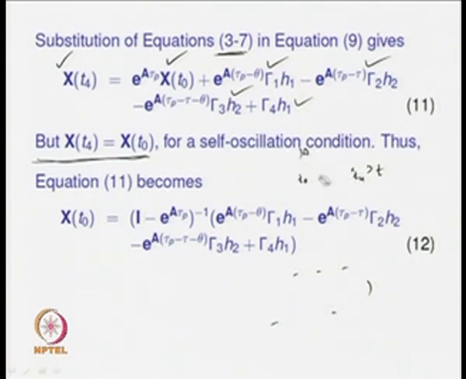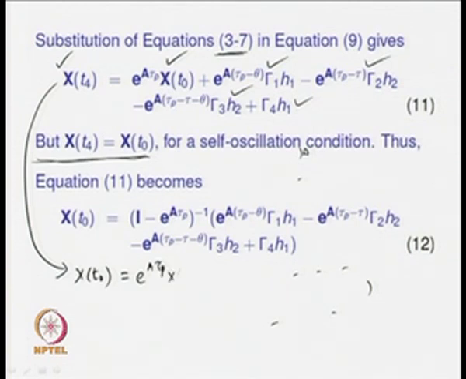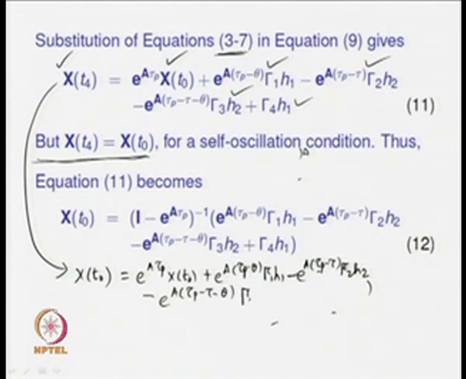When that condition is substituted, equation 11 that we have obtained earlier can be written with x(t0) being nothing but x(t4), or x(t4) is equal to x(t0). Therefore, x(t0) is equal to e to the power A tau p x(t0) plus e to the power A(tau p minus theta) gamma 1 h1 minus e to the power A(tau p minus tau) gamma 2 h2 minus e to the power A(tau p minus tau minus theta) times gamma 3 h2 plus gamma 4 h1.